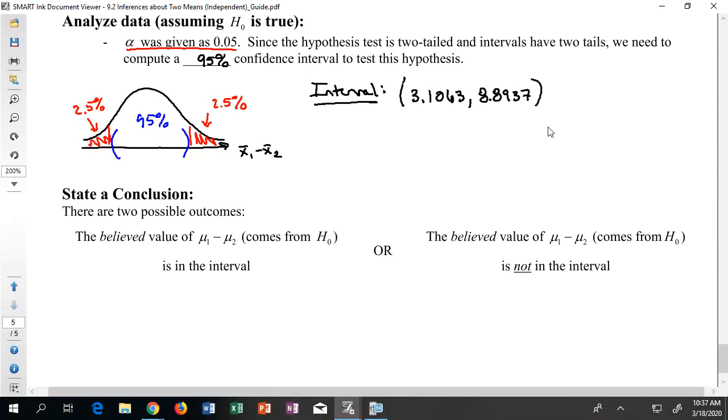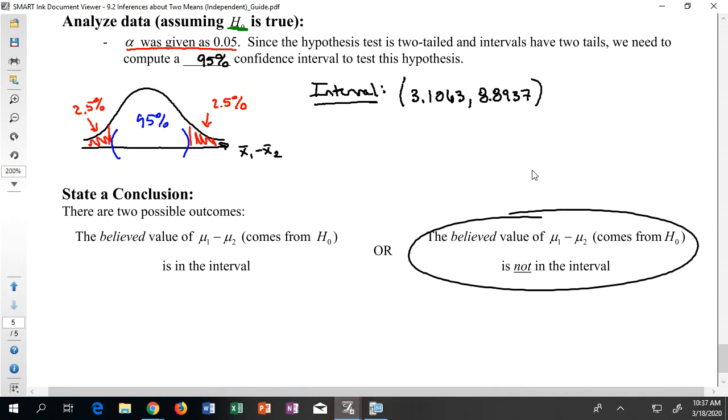Again, I'm keeping in mind that I'm believing H0 is true. And H0 said that I believe that when I do the difference of the two averages, I should get 0. But my interval says that based on the evidence, I think that the difference of the two averages should be somewhere from 3.1063 to 8.8937. So it seems like the believed value of mean 1 minus mean 2 is most certainly not in the interval.